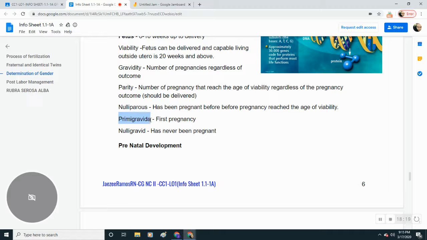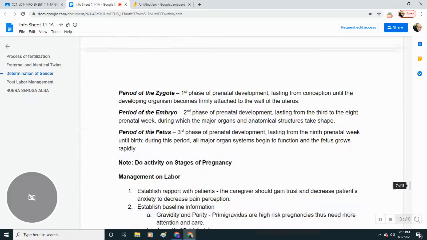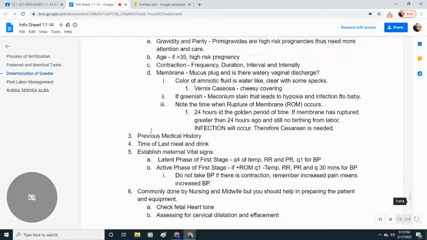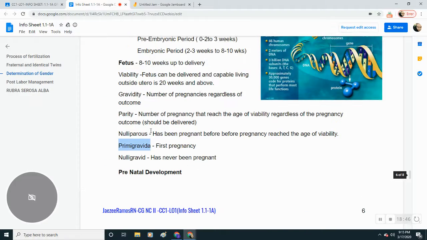So those who are primigravida or first-time mothers, ito ay medyo sensitive. That's why hindi sila pinapanganak sa mga lying-in, dapat hospital. Okay? So nulligravida is what we call has never been pregnant. Okay? Never been pregnant. Okay.